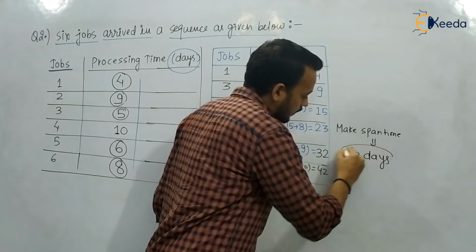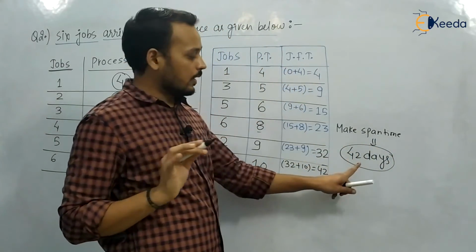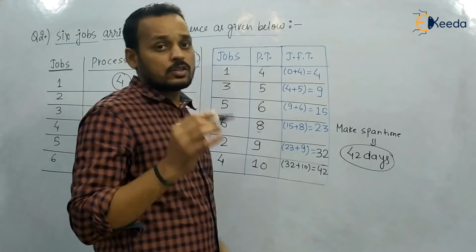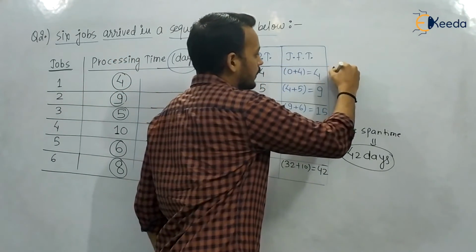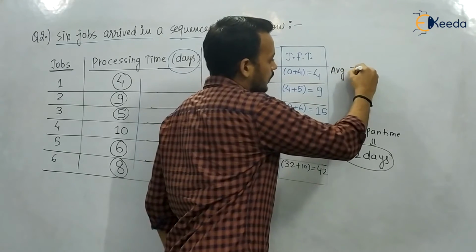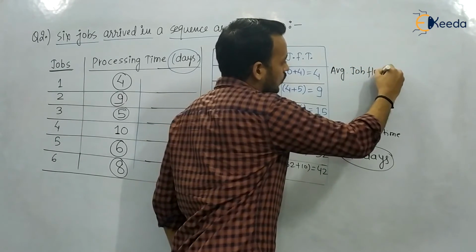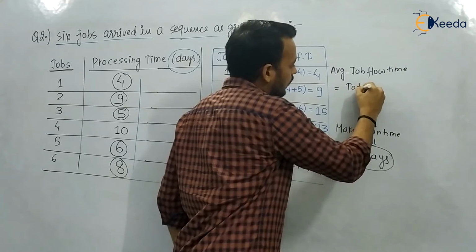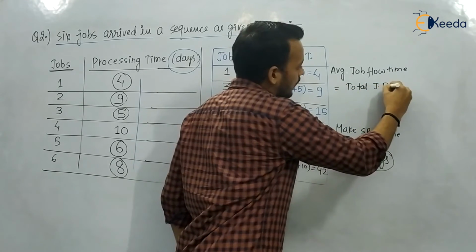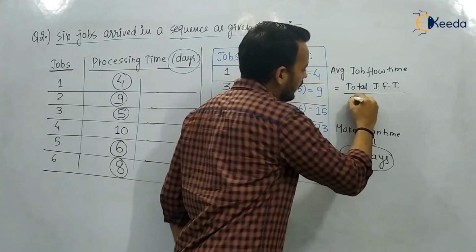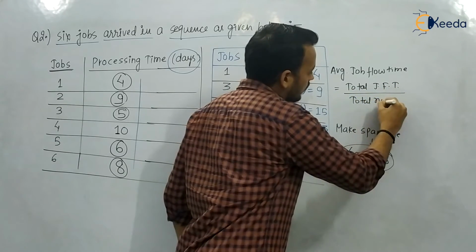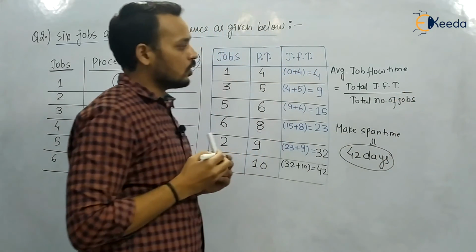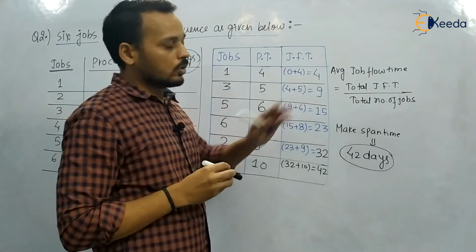But this is not our answer. Simply I am going to tell what we have to find. We have to find the average job flow time. So the average job flow time is equal to the total job flow time divided by the total number of jobs.